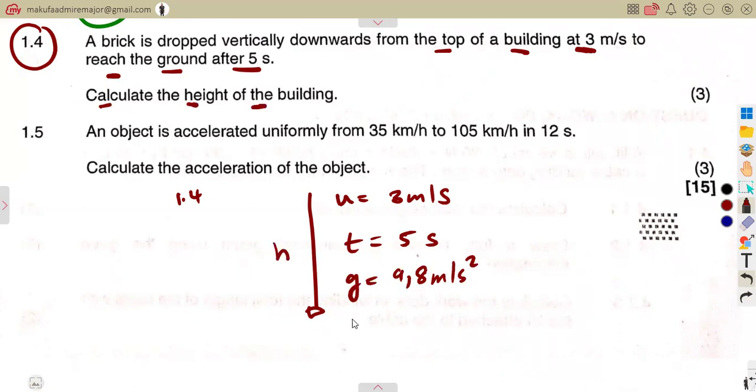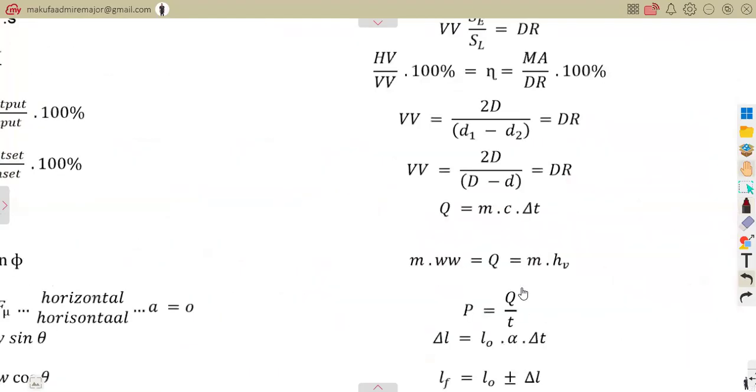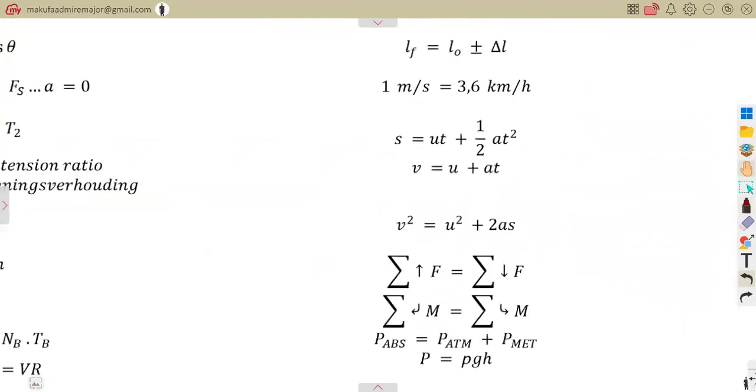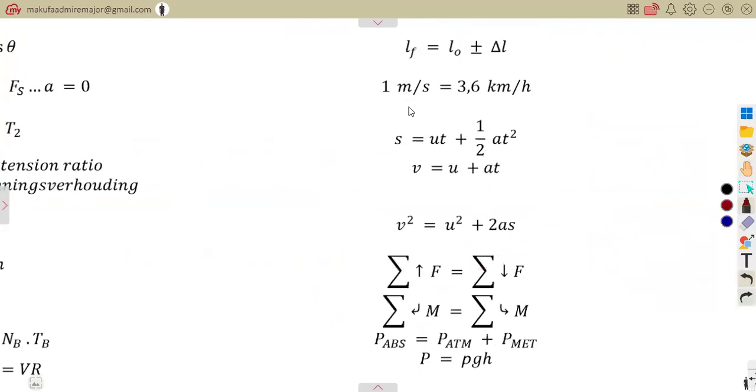So the height of the building is the same as S, which is the displacement. But in this case, you use the S in terms of the formulas that you are given. Remember, your formulas are given in terms of S. So we are going to consider these formulas, which one can we work with? All right, so let's say this one, S is equal to ut plus half at squared.